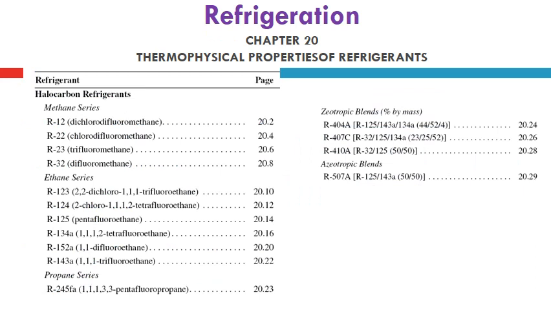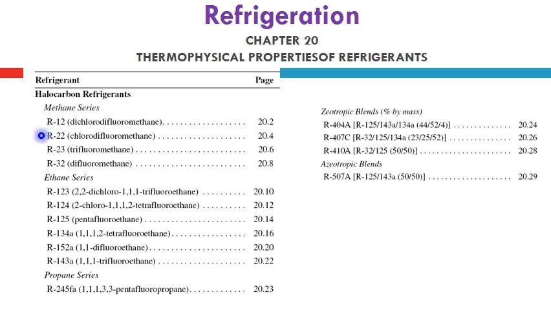This slide presents the tables from Chapter 20 of ASHRAE, titled Thermophysical Properties of Refrigerants. This table gives the table of contents of the refrigerants in this slide and the next, for the different types of refrigerants, starting from halocarbon refrigerants, which have been grouped here: methane series, ethane series, and finally propane series.